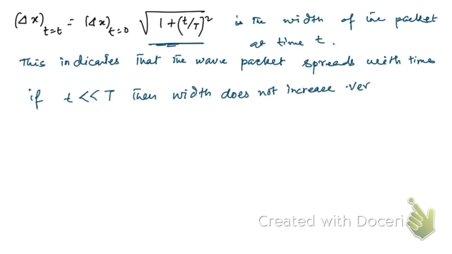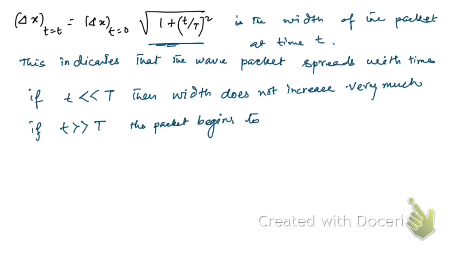And now you see, if small t is greater than capital T, the width of the packet increases appreciably, and you can say that the wave packet, or simply the packet, begins to spread appreciably.